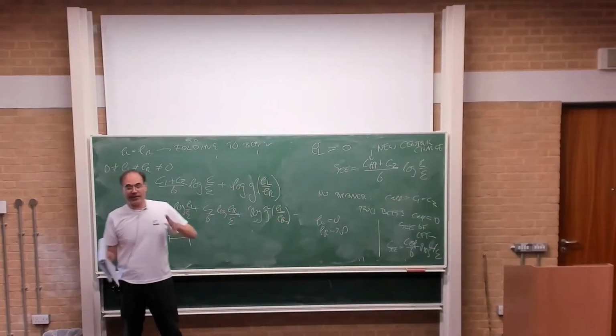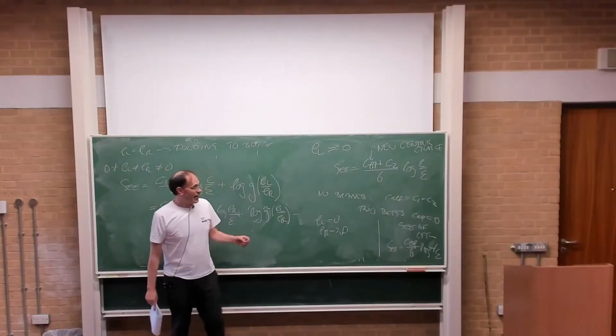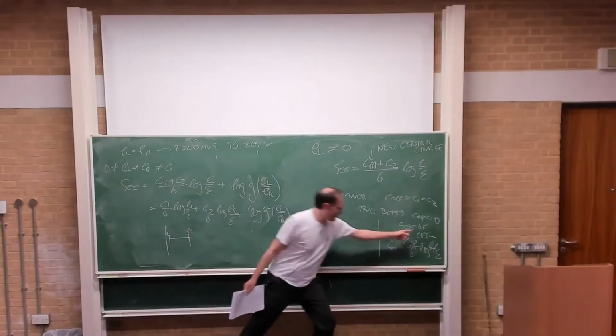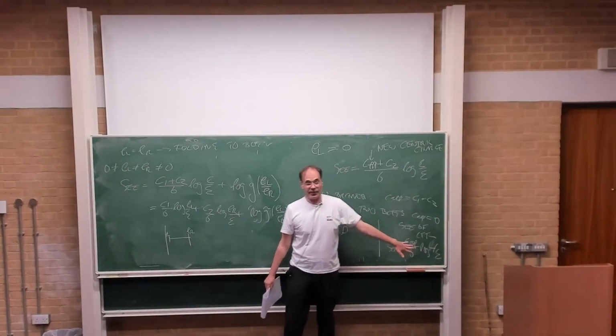I'm just saying, let me call my region A as CFT1, region A bar as CFT2. This is a quantity that's both IR and UV divergent. So I put in an IR and a UV cutoff, I get a log of the ratio of the 2 cutoffs, and the coefficient is just C effective over 6.